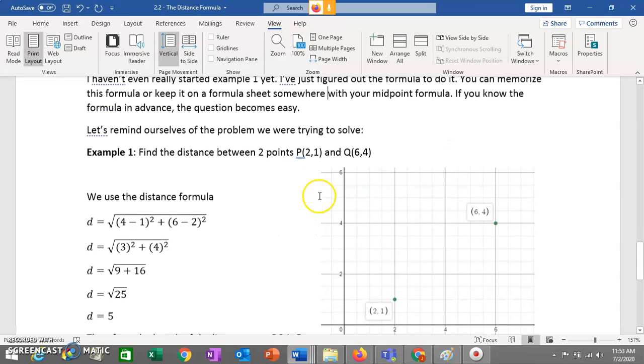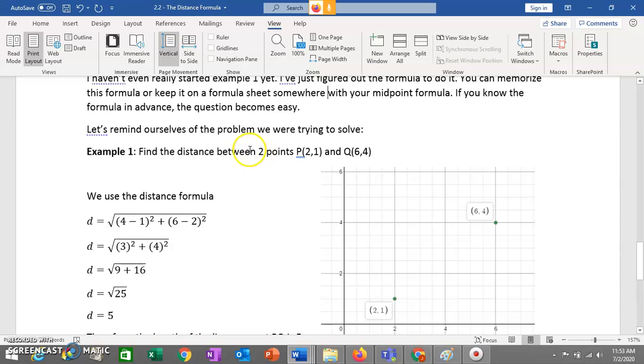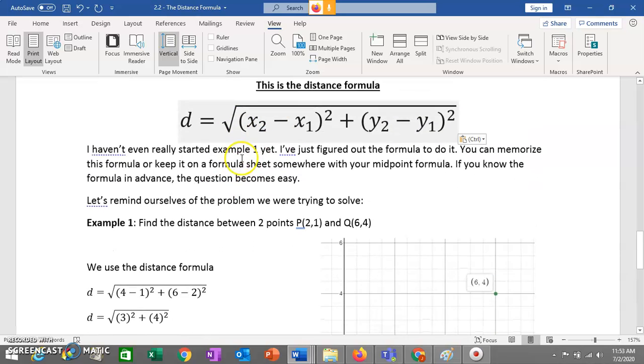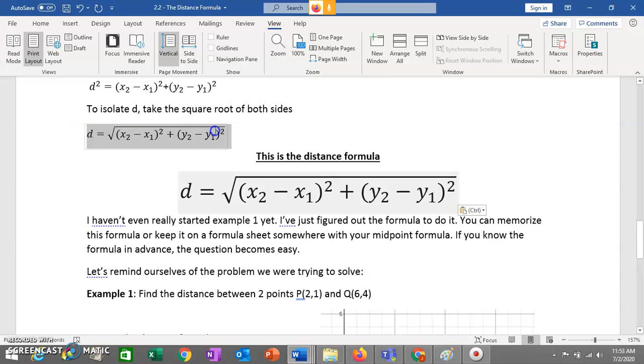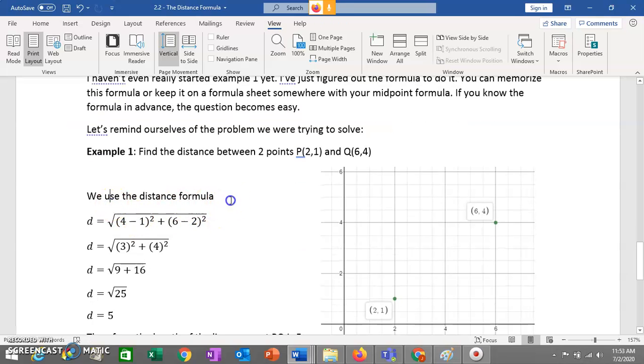So let's look back at the numbers and what we were doing here. We want to find the distance between 2 points, (2, 1) and (6, 4). So what I need to do is use this formula.